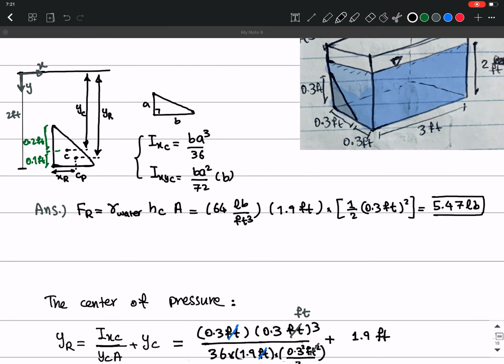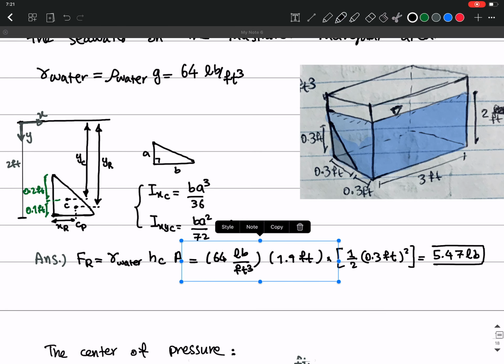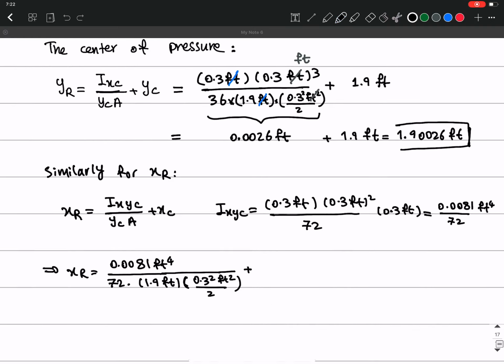Plus XC. What is XC? XC is here. This is XC, which, again because this is all symmetrical, is going to be 0.1 foot. So I will just write it down.